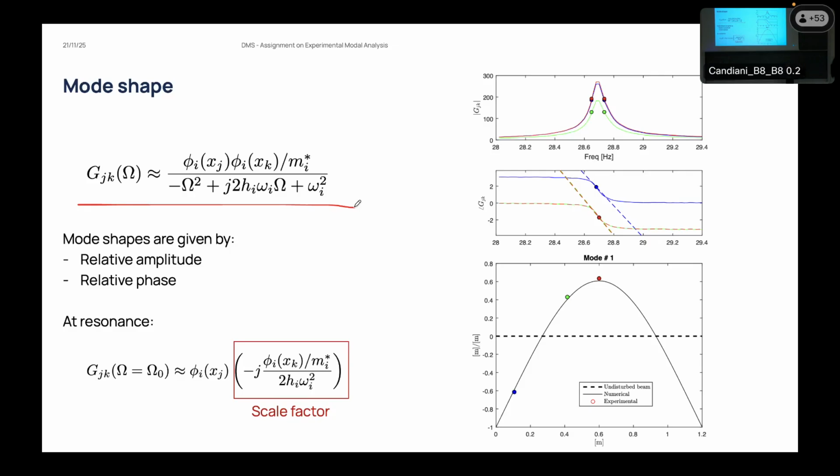What is going to happen if we are going to compute this in the resonance condition? Computing it in the resonance condition implies selecting the value of capital omega that is matching omega_i, that is the natural frequency of the system. The numerator won't be affected by that operation because nothing is dependent on frequency.